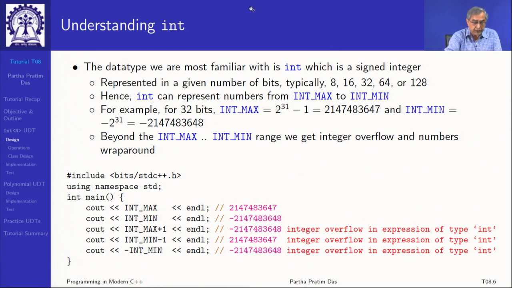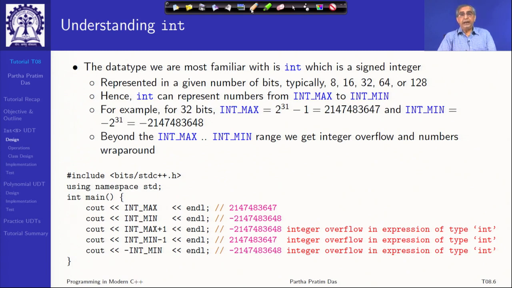Now, we know that for the int type, there are two constants defined in the system, from which you can know the size of this integer and the range of values that the int is going to represent.